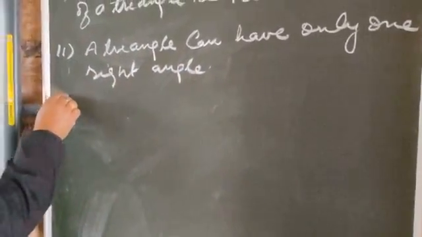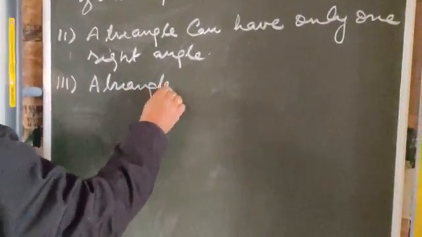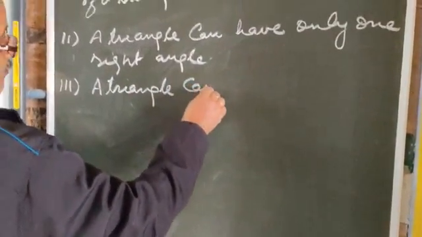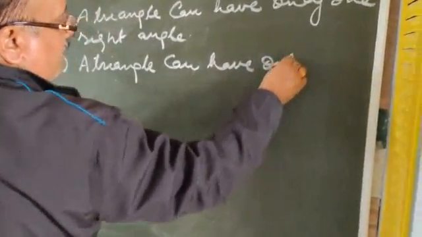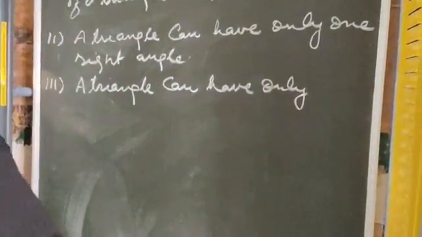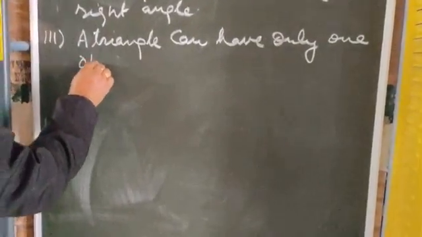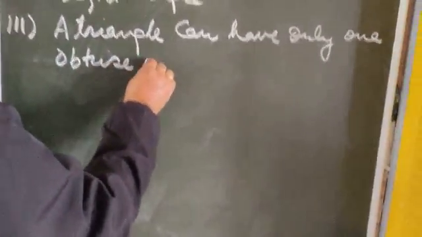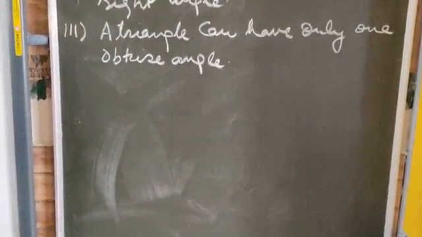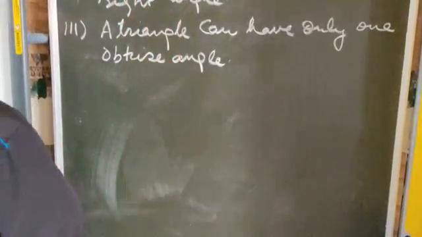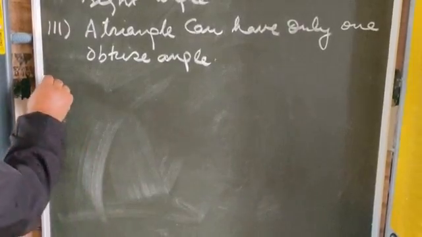Number 3, a triangle can have only one obtuse angle. Correct? A triangle can have only one right angle. A triangle can have only one obtuse angle.